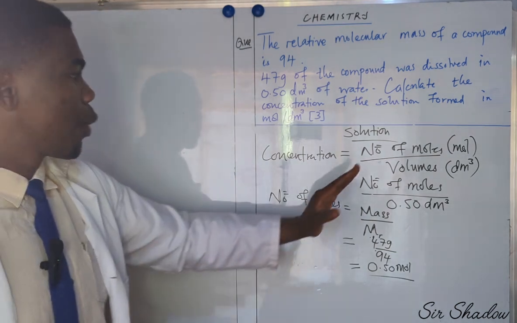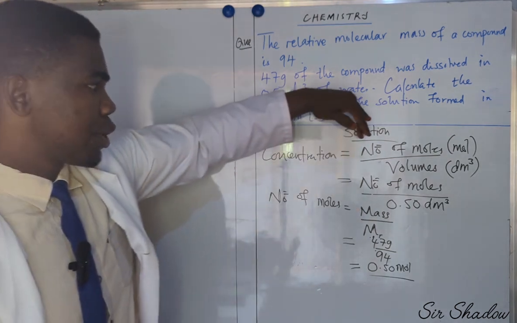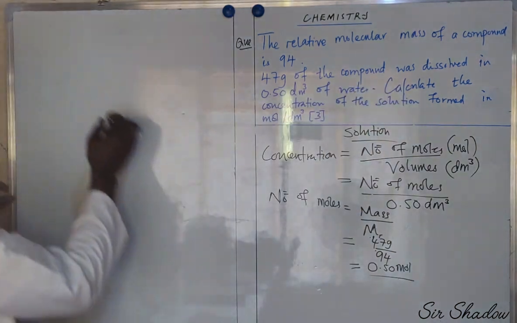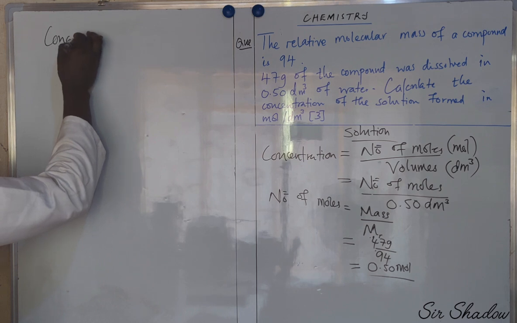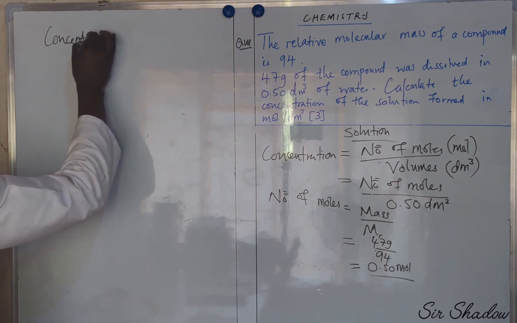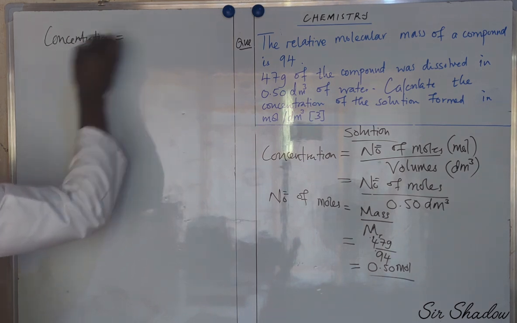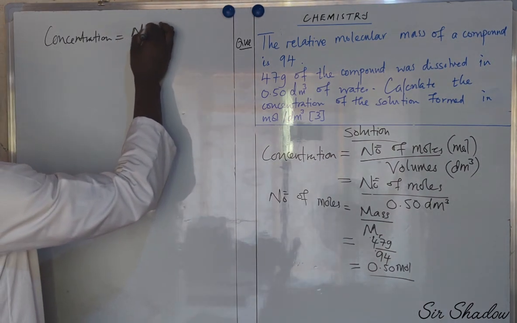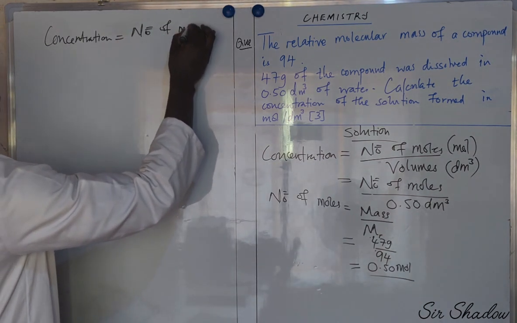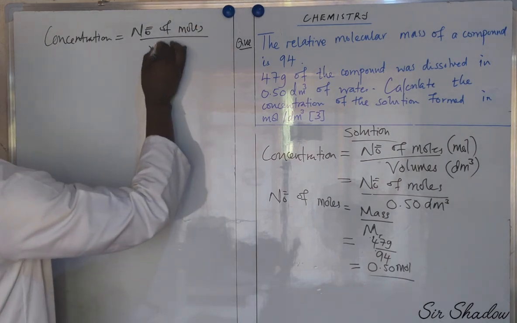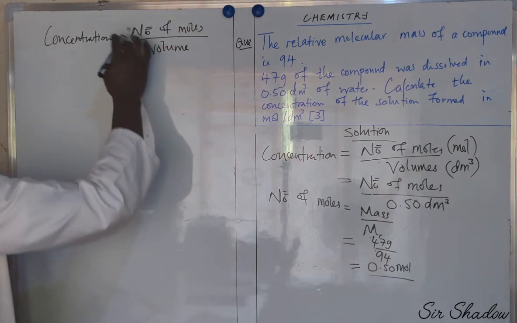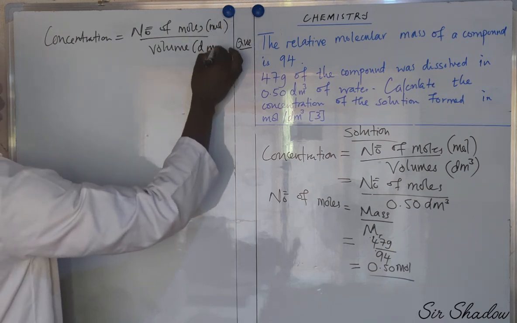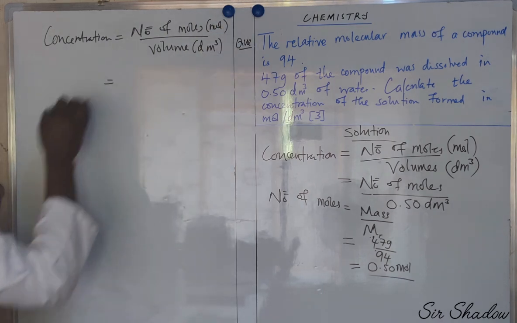But remember, we want to calculate the concentration. Concentration is equal to number of moles over volume, right? Remember, moles is given in mole, while volume is given in dm3.